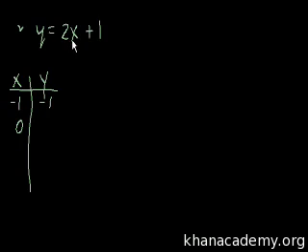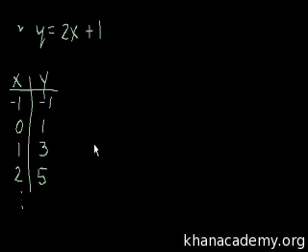It would be 2 times 0, which is 0, plus 1, which is 1. If x was 1, y would be 2 times 1, which is 2, plus 1, which is 3. If x was 2, then I think you get the idea here. y would be 5. And we could keep on going. Obviously, there are an infinite number of x's we could choose, and we could pick a corresponding y. So now you see we have a little table that gives the relationships between x and y.